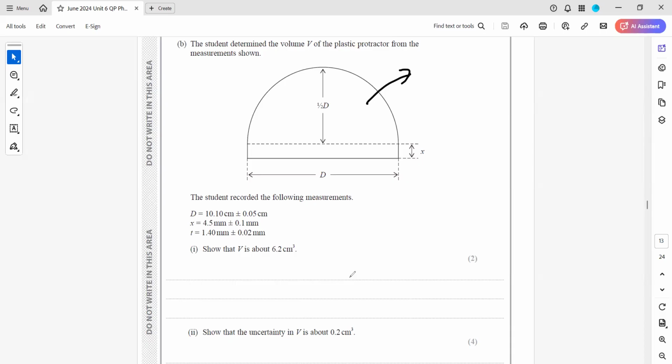In terms of diameter, we can also work out. So if you like, this is a diameter. This is the total diameter of this.